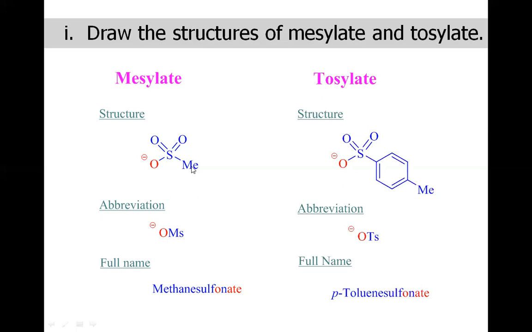The only difference lies between this methyl and this para-toluene group. We have this phenylene ring between the sulfur and methyl, and it's called tosylate. We have the abbreviation OTs, and the full name is para-toluene sulfonate. And again, if we have the OH here, it would be called para-toluene sulfonic acid or tosic acid.